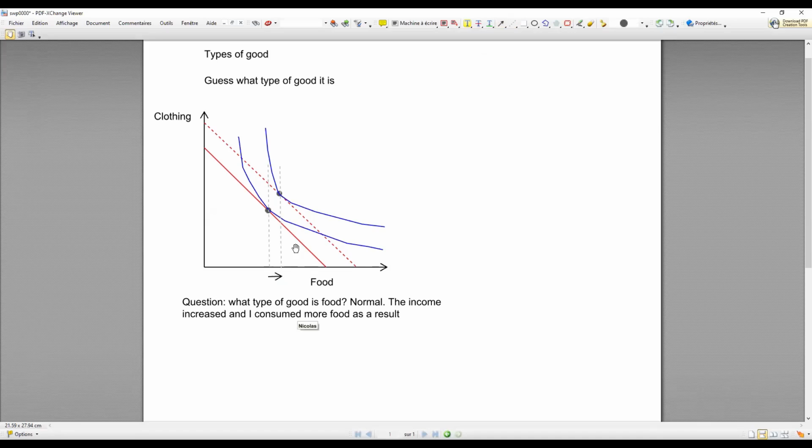So yeah, and how do we know that the budget increased? Well, the two lines are parallel, but that line means that I have more budget to spend either on food or on clothing. So then I know that my budget increased, and as a result, my quantity of food consumed increased. So I know that food is a normal good.